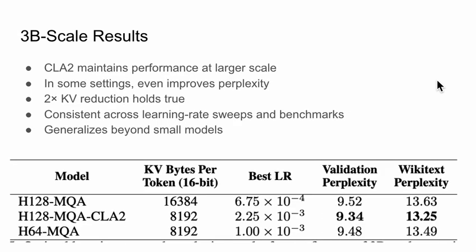At 3B scale, CLA2 remains effective, even outperforming the MQA baseline in perplexity while using half the KV memory. This shows the approach scales and is robust to training hyperparameters.